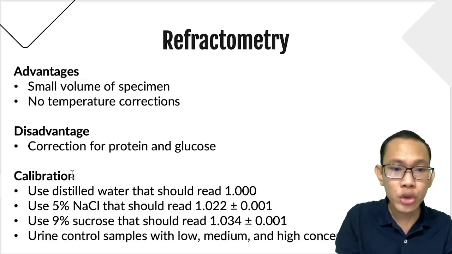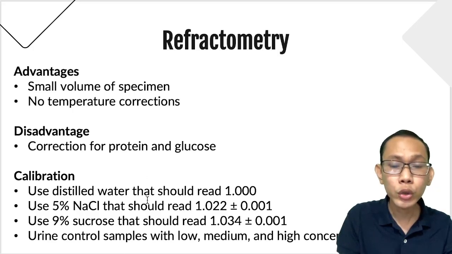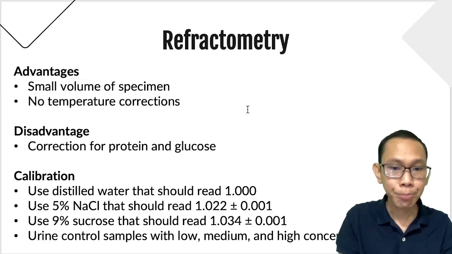For the calibration, use your distilled water that should read 1.000, use 5% sodium chloride that should read 1.0022 plus minus 0.001. You could use also 9% sucrose that should read between this range, and then your urine control sample with low, medium, and high concentration. So, kindly take note with our calibration. Yung calibration natin, this will determine na yung gumagana or tama pa rin yung ating refractometer na ginagamit.